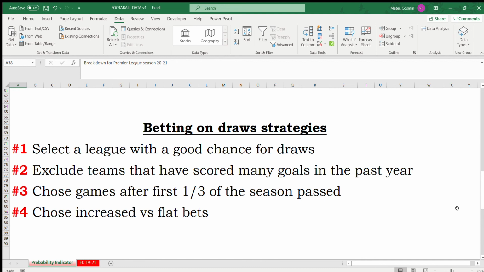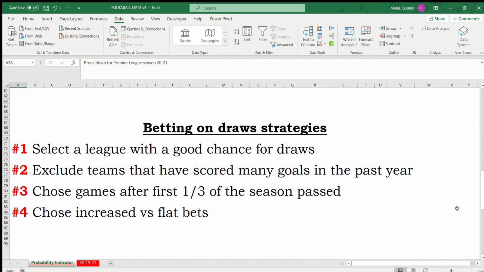And that could be from 22% as we have last year in Premier League to even 34% in other leagues. And these are mostly second leagues in France or Italy. Which means that one of 3 games are a draw. This will increase your profit and chances of having a draw result.